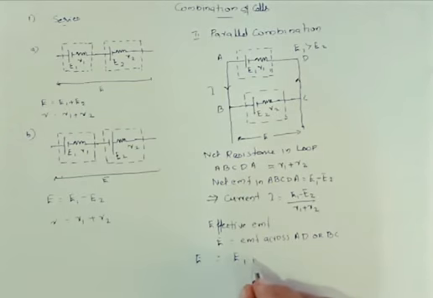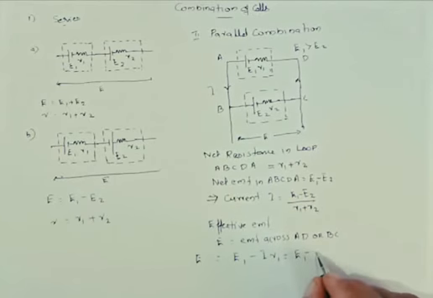So E is equal to E1 minus I R1, that is E1 minus R1 multiplied by I, where I is equal to E1 minus E2 upon R1 plus R2.